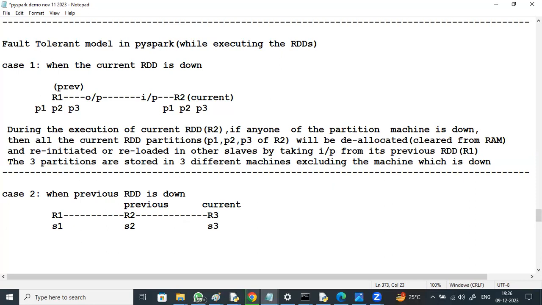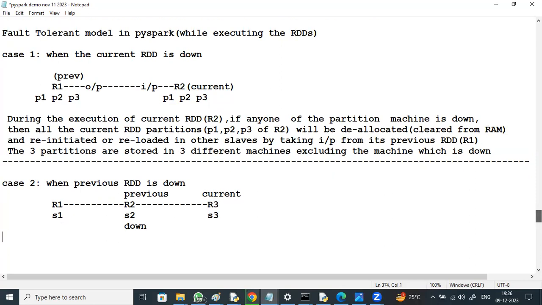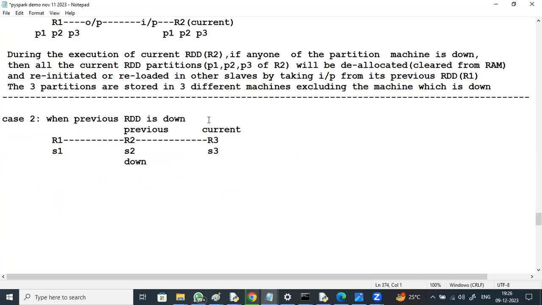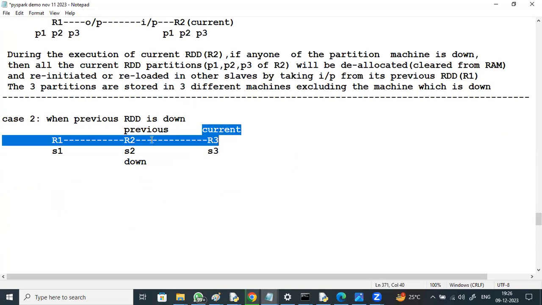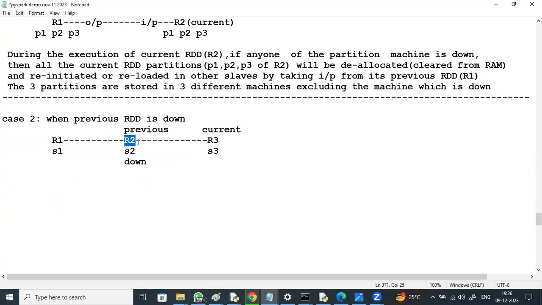This is down. Try to answer everyone. In the first example, when the current RDD is down, the previous RDD is available. You can take the output of it and again recompute it.